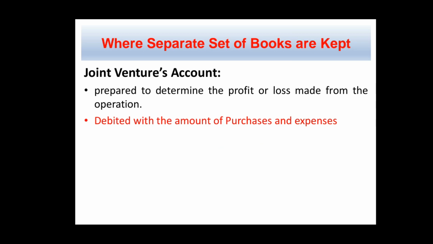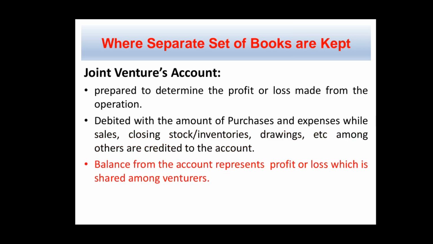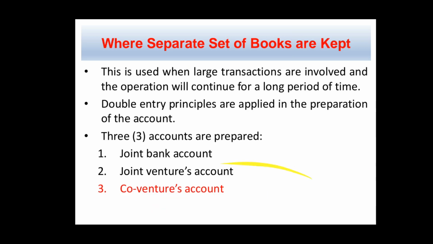Debited to this account are the purchases and all the expenses incurred during the operation, while the sales, the closing stock or closing inventories, drawings, among others, are credited to the account. The balance of this account represents the profit or loss which is shared among the venturers. If there is a credit balance, that is, the credit side is more than the debit side, that indicates a profit and it will be shared among the venturers. But where a debit balance is made, that represents a loss, and the loss will also be shared among the venturers.